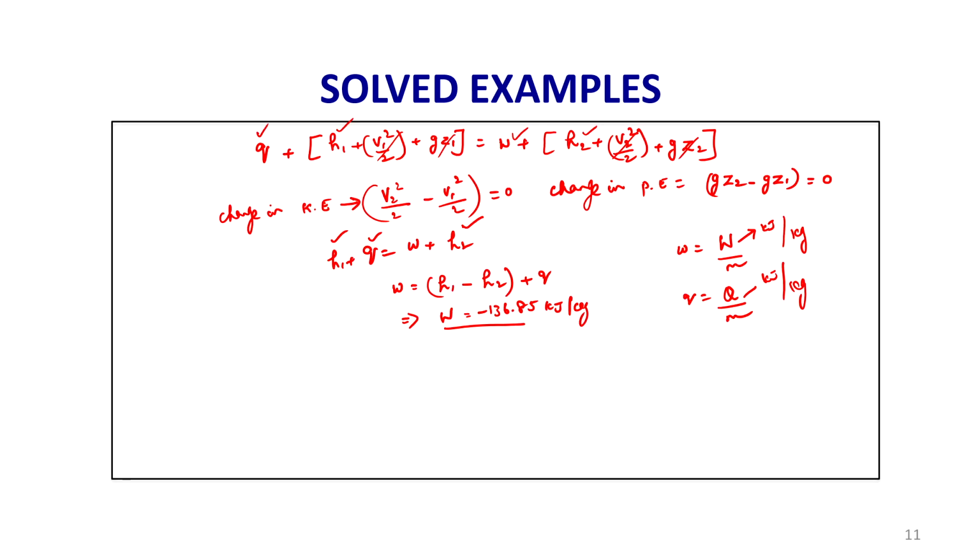Now small w is equal to capital W by m. Therefore, capital W is equal to small w into m. So, small w is minus 136.85, m is 0.02.